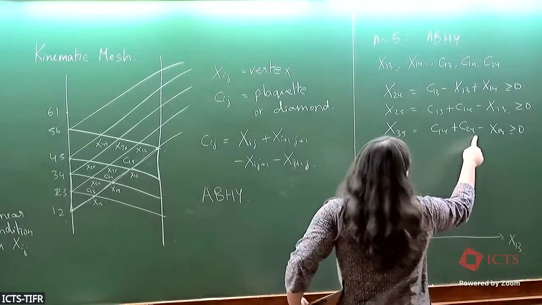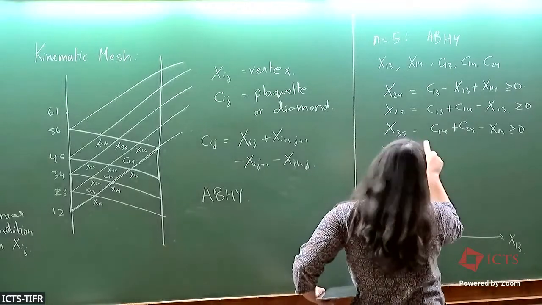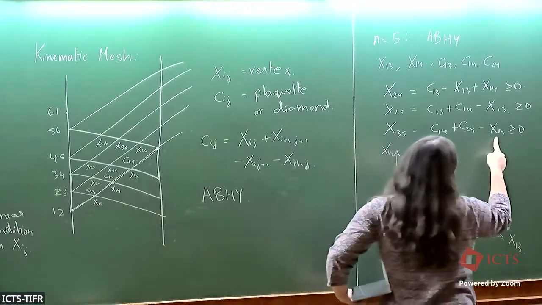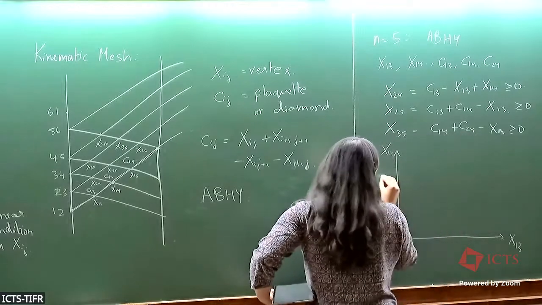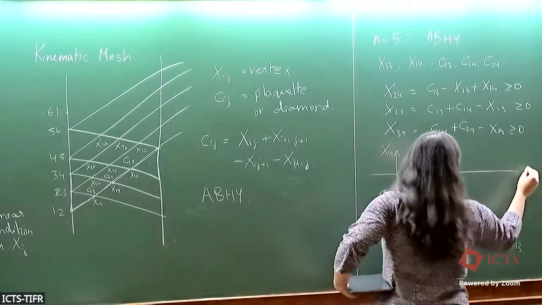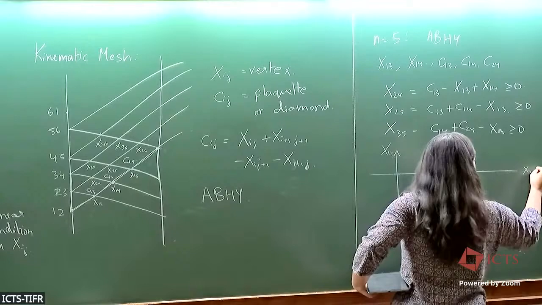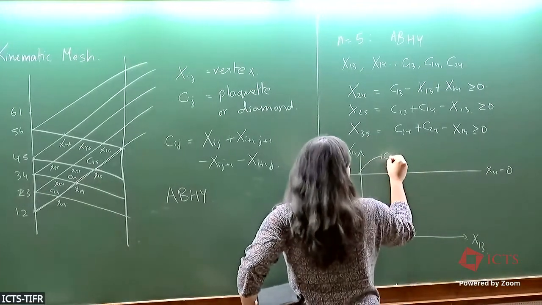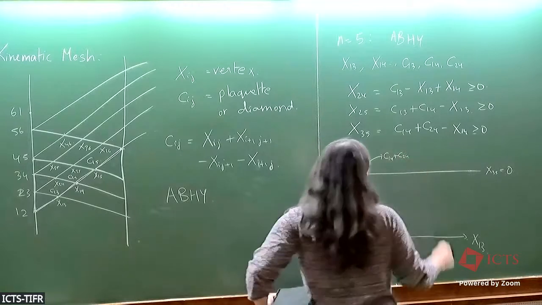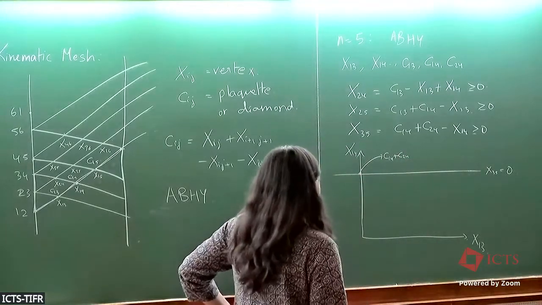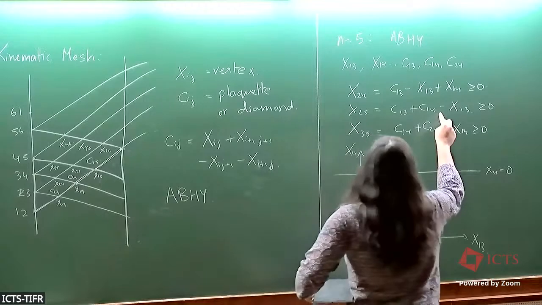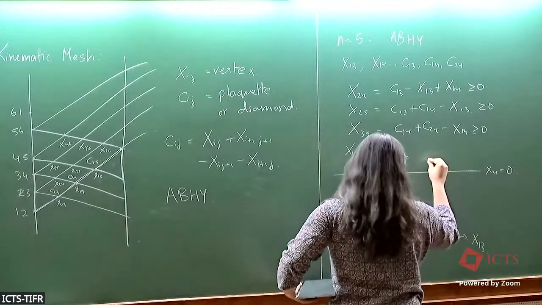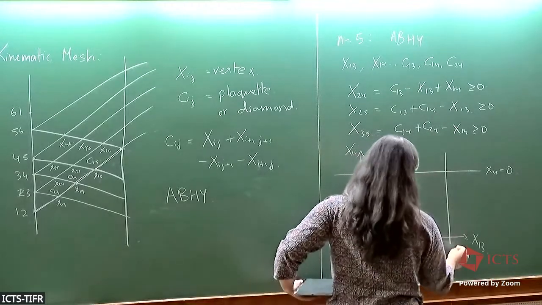This being greater than 0 is just saying x14 has to be less than this value. So I can say x14 has to be less than this point, and this point is just c14 plus c24. Okay. This line again is similar, but for x13. Maybe let me draw it further out.